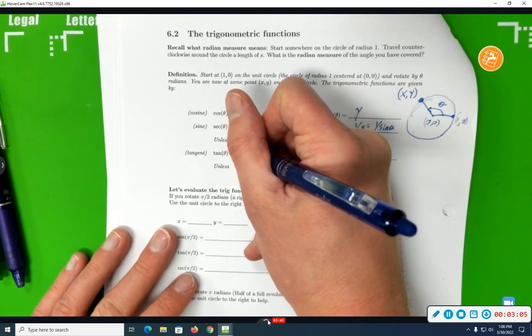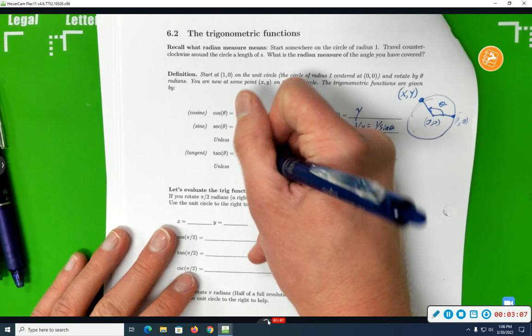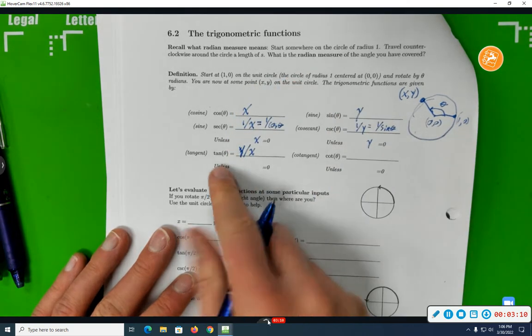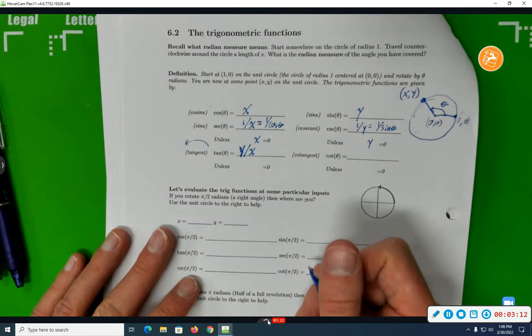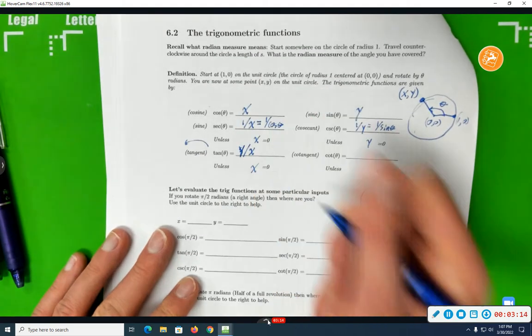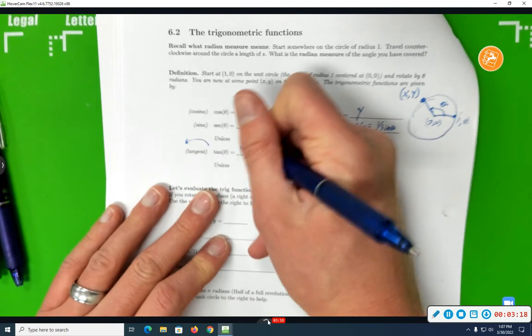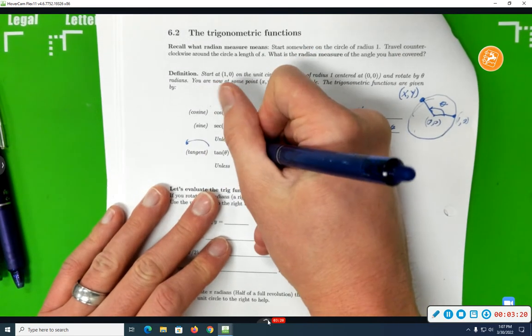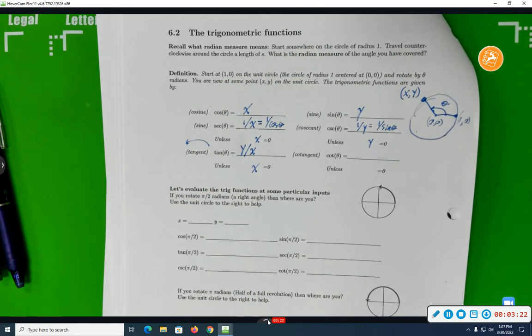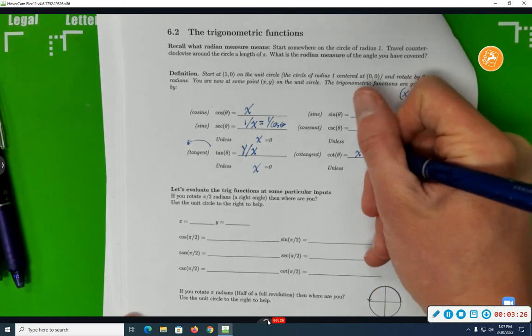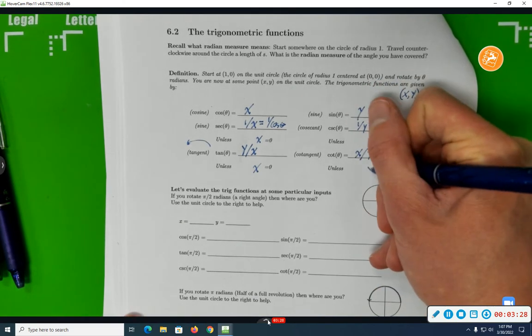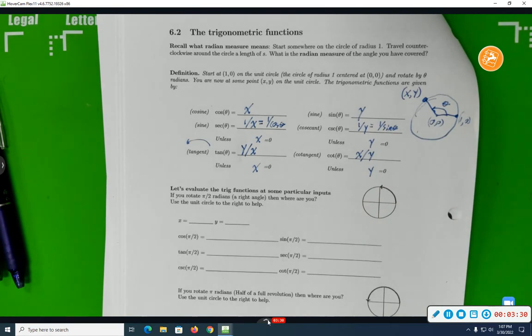Tangent of theta is the y-coordinate divided by the x-coordinate. I'll draw a picture off to the side to show what that means geometrically. That would be bad if x is 0. Finally, cotangent is the x-coordinate divided by the y-coordinate, unless the y-coordinate is 0.